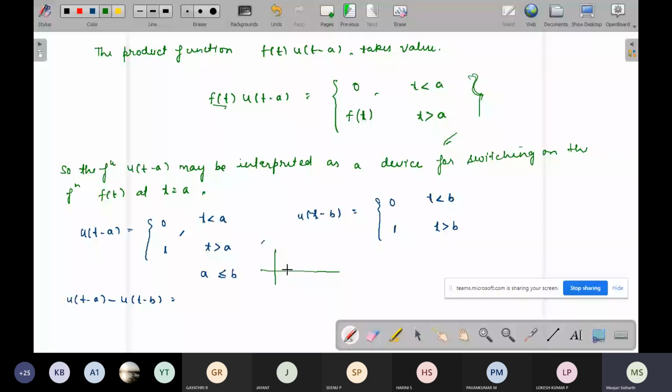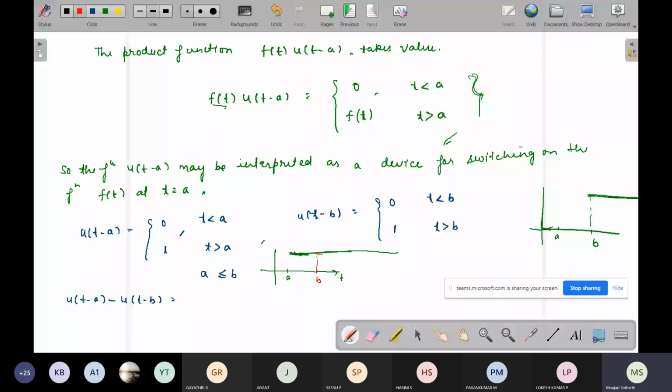And this is on t, so you will get this unit step function. x-axis, y-axis, if a is here and b is greater than a, so this. That means for this function, this is the graph. So this is the graph for this, and if b is here, this is the graph for the second function.